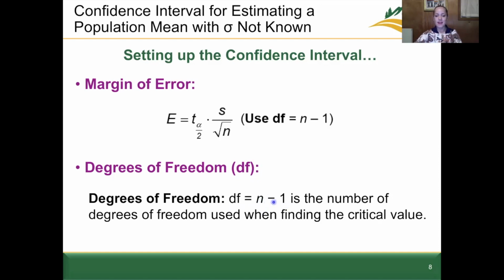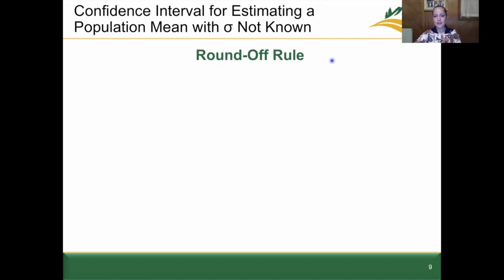Now, when we start to talk about how to figure out the critical value, or the t subscript alpha over 2, we'll talk about when we really use degrees of freedom. The important part to remember is that we find the degrees of freedom by taking the number of samples minus 1. Now, again, we're still talking about a confidence interval for estimating a population mean with a population standard deviation, or sigma, that's not known.